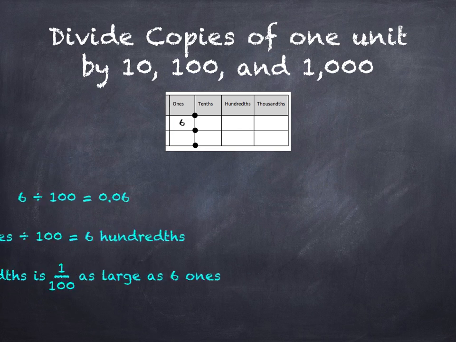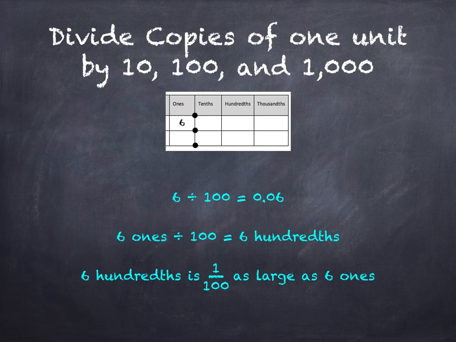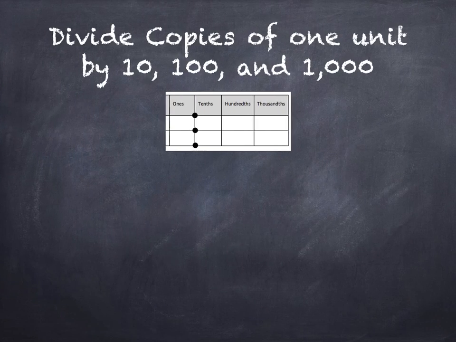So we would find out that 6 divided by 100 gives us 6 hundredths. 6 ones divided by 100 equals 6 hundredths. 6 hundredths is 1 100th as large as 6 ones. So on our place value chart, we would divide 6 by 100, and that would move it 2 places over to the hundredths place. And finally, what would happen if we took that 6 ones and divided it by 1,000?